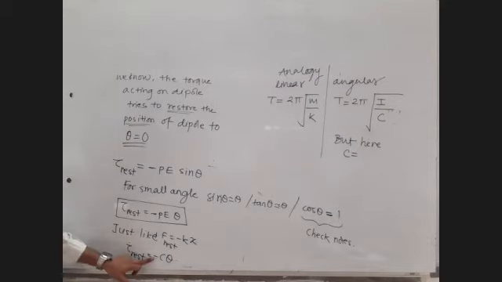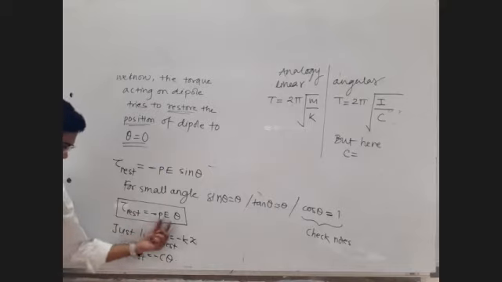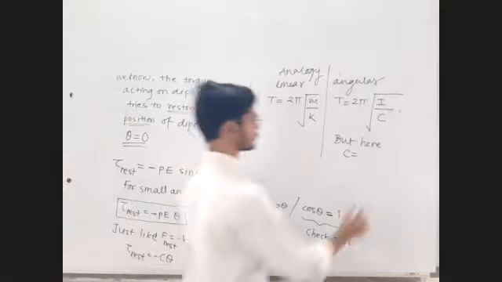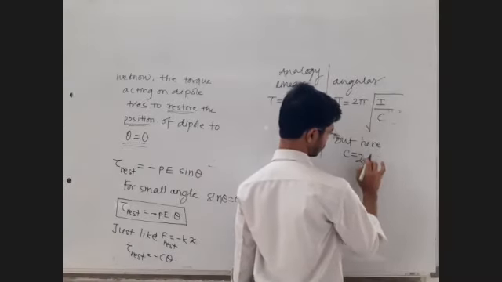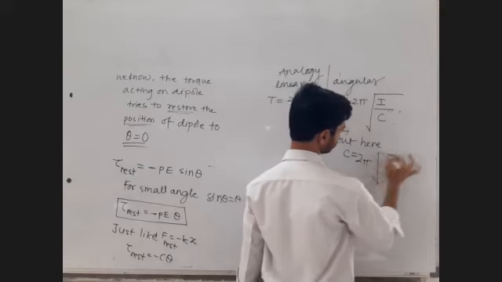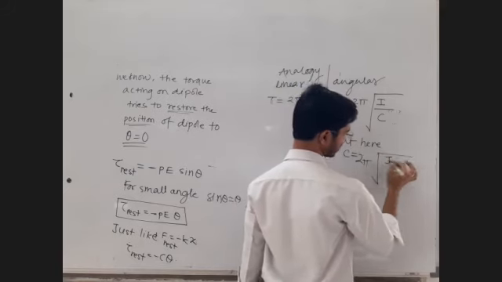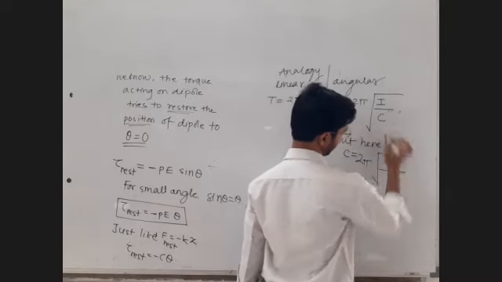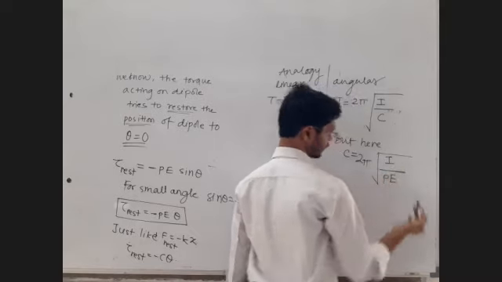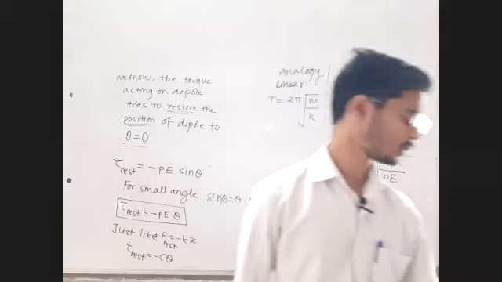Tau is minus c theta, c is equal to pE. So 2 pi into root of moment of inertia of the system about the axis of oscillation upon pE. 2 pi into root of I upon pE. In this way you can find out the time period of oscillation.